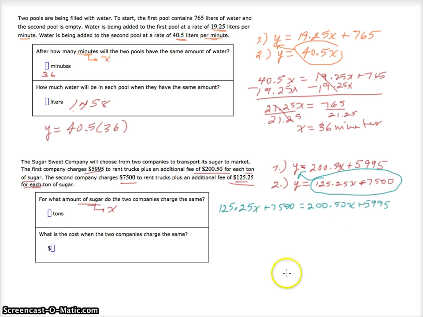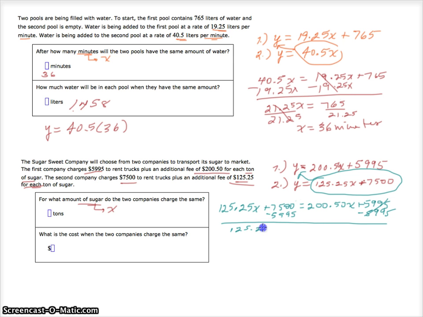Now I can start solving. I want to cancel the 5,995 here. So 7,500 minus 5,995 gives me 1,505.